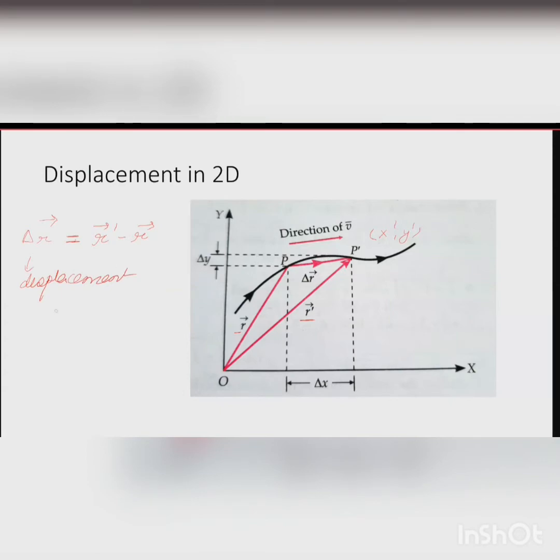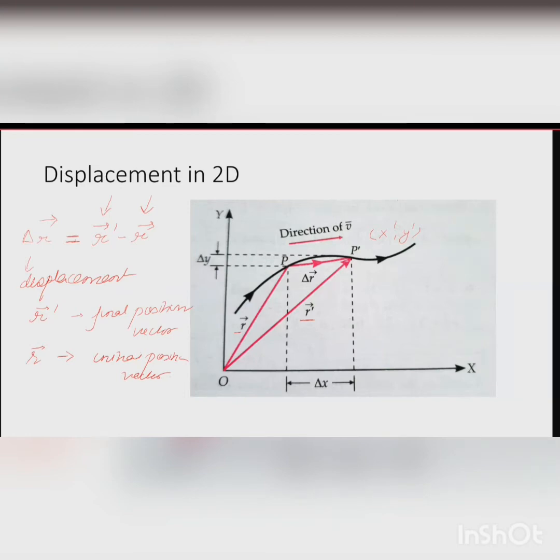This is in terms of position vector. This is the final position, and this is the initial position. So r prime refers to the final position vector, and r is the initial position vector. When we subtract the two, we get our displacement vector.